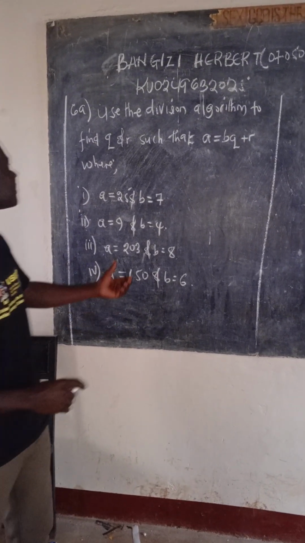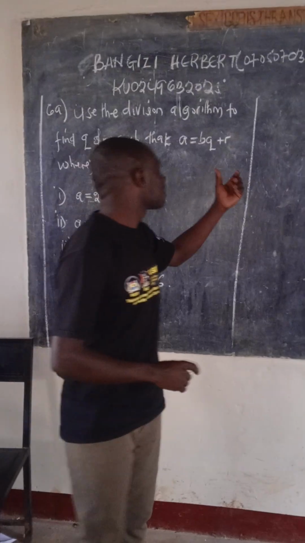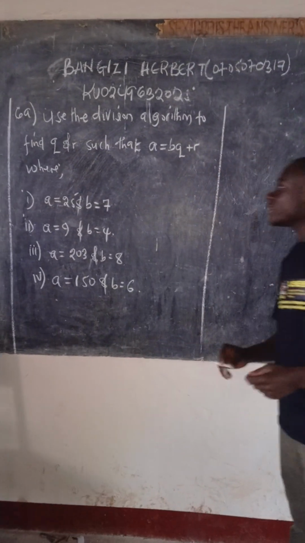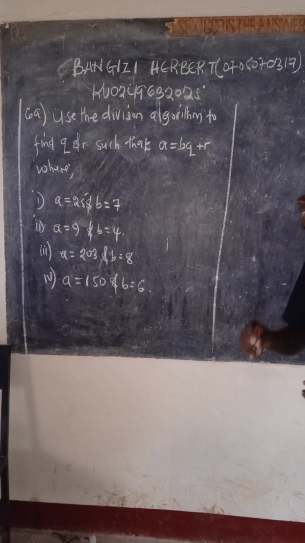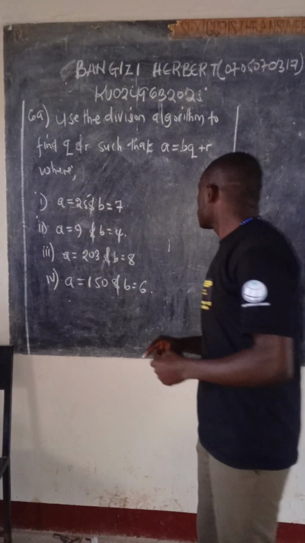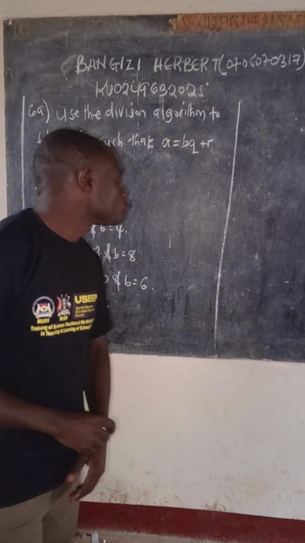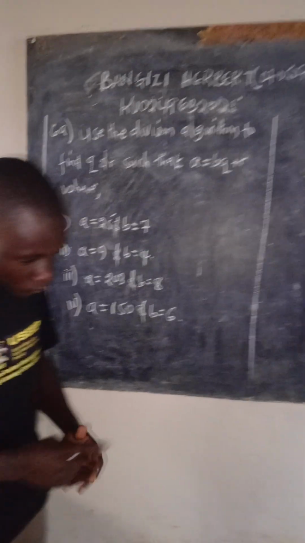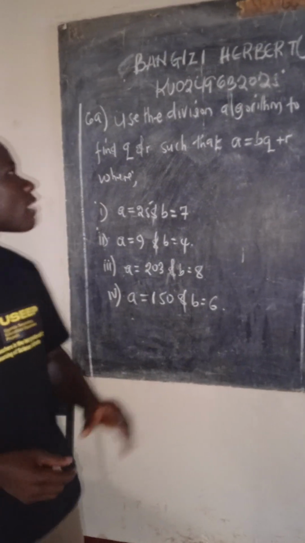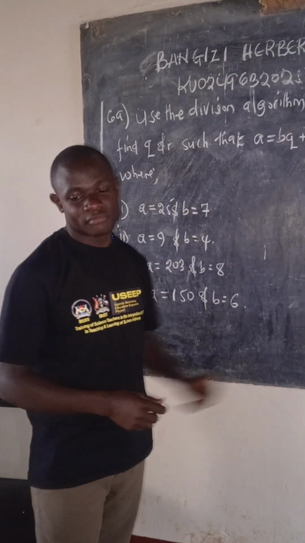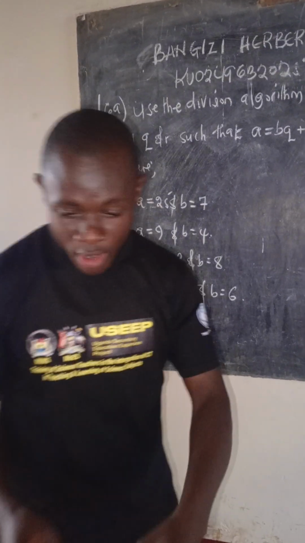The question goes, use the division algorithm to find Q and R such that A is equal to B into Q plus R. I think, my learners, we previously discussed something about the division algorithm, and we know something about it.